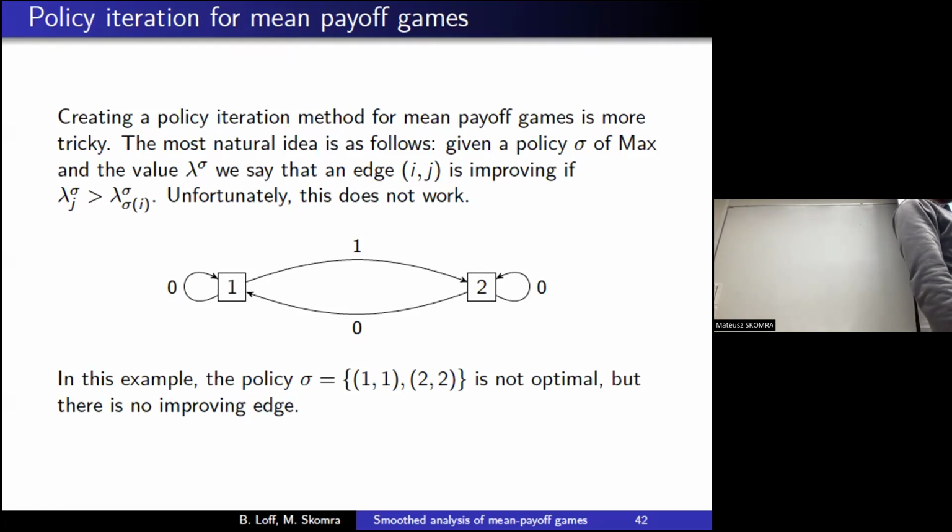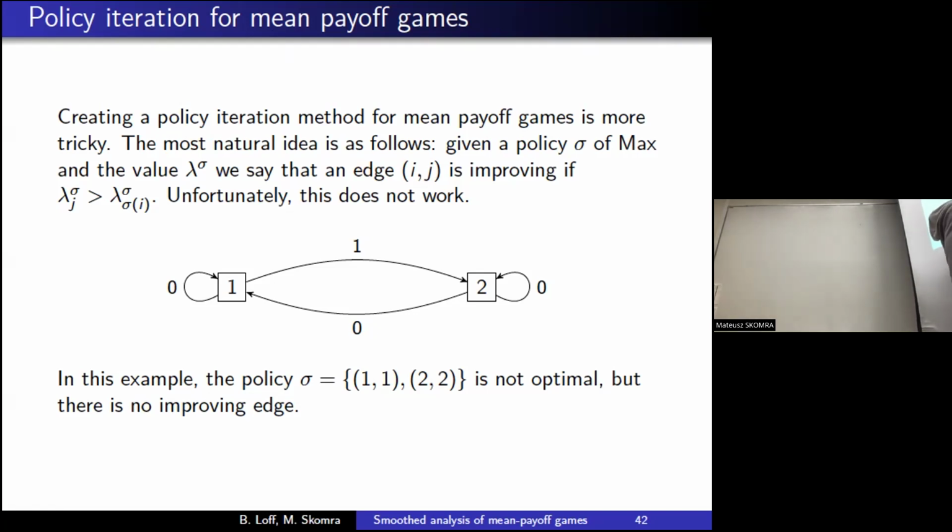So here you are a maximizer. Imagine that you start from this policy that goes from 1 to 1 and 2 to 2. So you get 0 and 0. Since you get 0 and 0, switching gives you nothing. You switch there, you get 0. You switch there, you get 0.